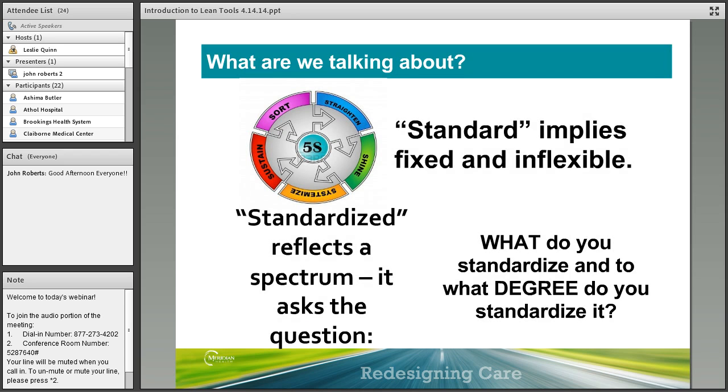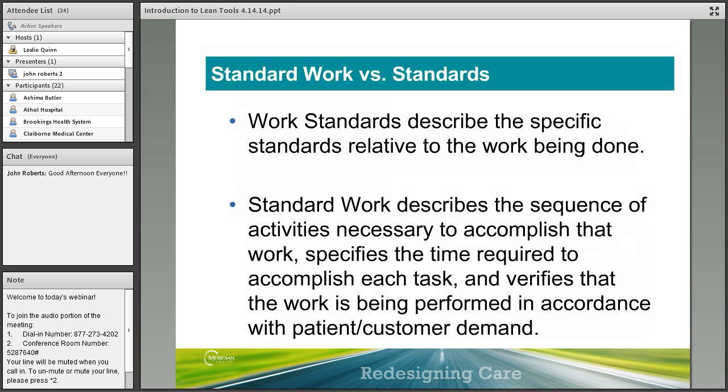And really what we're talking about is standardizing, and it really should reflect a spectrum. We have to ask, what is it that we want to standardize, and to what degree do we want to standardize it? Not every process in the hospital needs to be standardized. But some of the processes that are vital to providing patient care actually really do need to be standardized, and they need to be followed the same way every time.